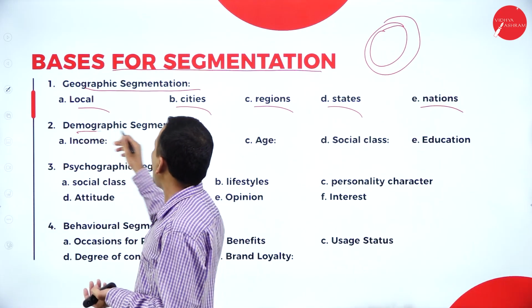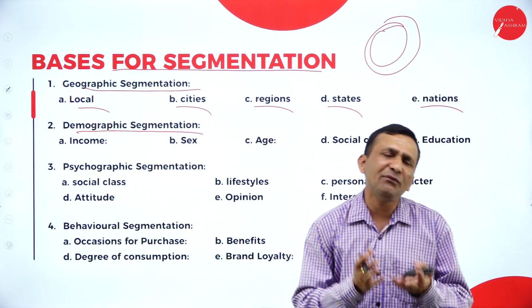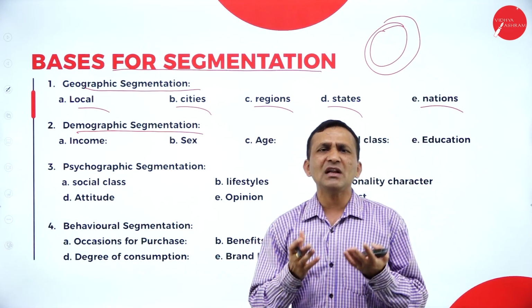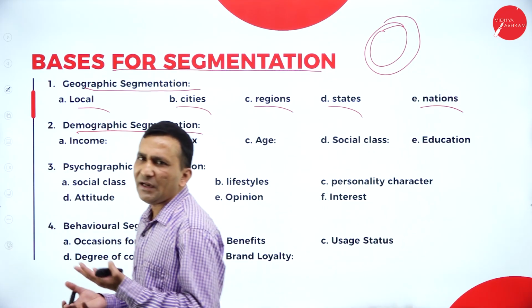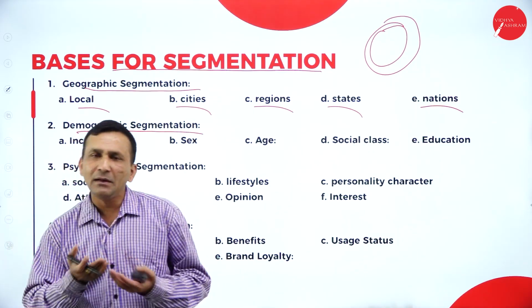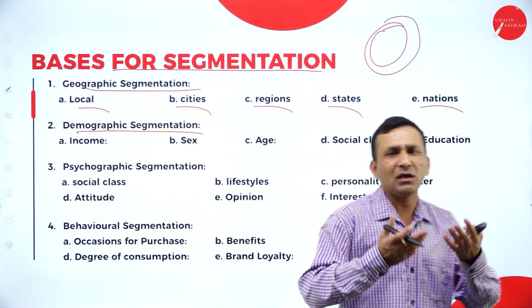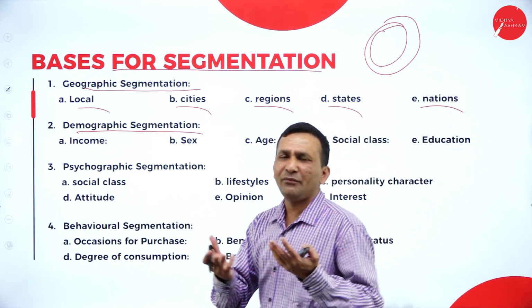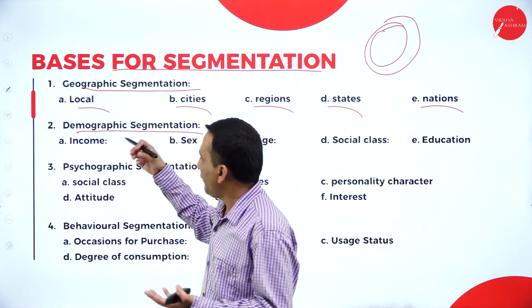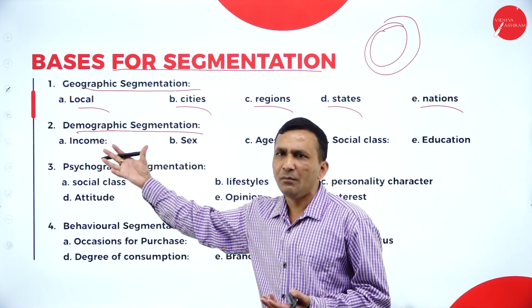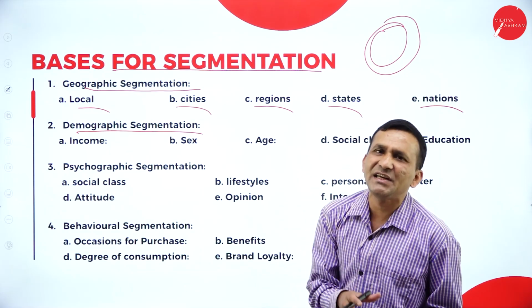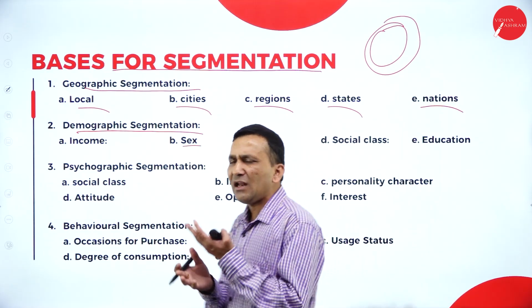Now moving to demographic segmentation, there are different demographic characteristics that marketers want to study. Either you are offering based on income group, high level, middle level, low level, or company income, individual income, family income. So where exactly you are focusing based on demographic factors like income. Or sex, male or female.